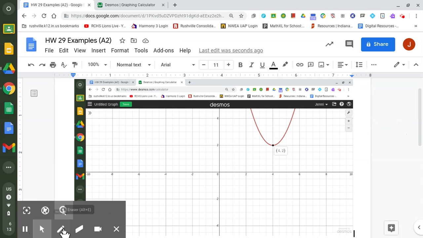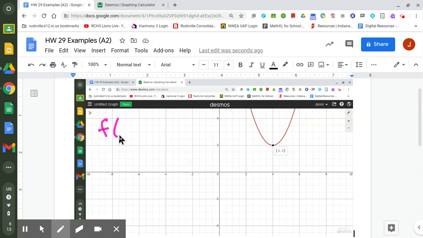Okay, so number 5, you are given a graph and you are asked to write a quadratic function to model the graph. So since we're talking about vertex form, we want it to be in the form of f of x equals a(x plus or minus h) squared plus or minus k.